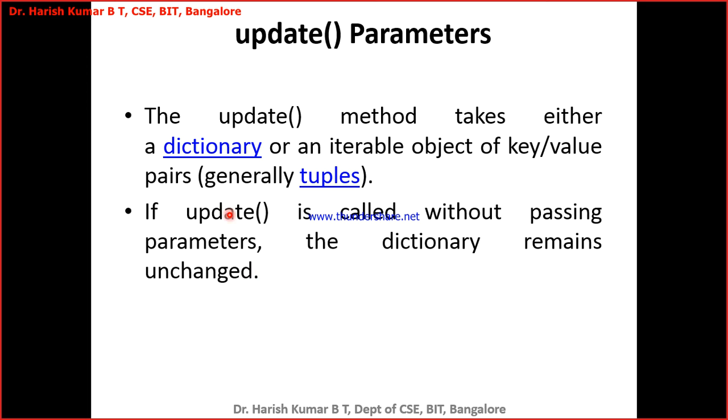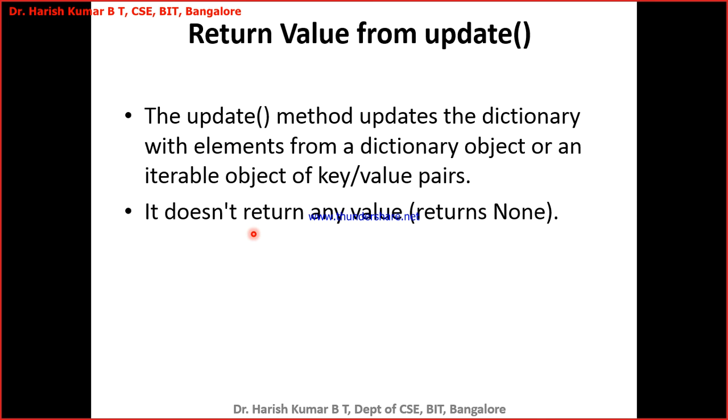So you can invoke the update method even without passing any dictionary or iterable object, and the original dictionary remains unchanged. The return value from update: does update return anything? It doesn't return anything. The only thing it does is update the existing dictionary with the new dictionary's key value pairs.